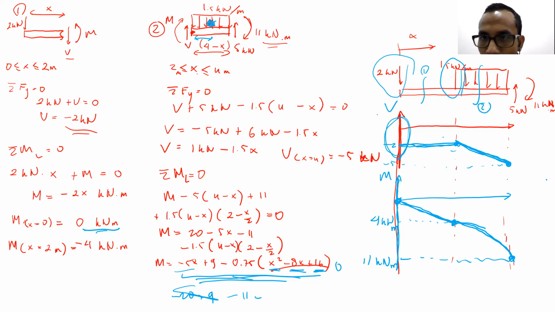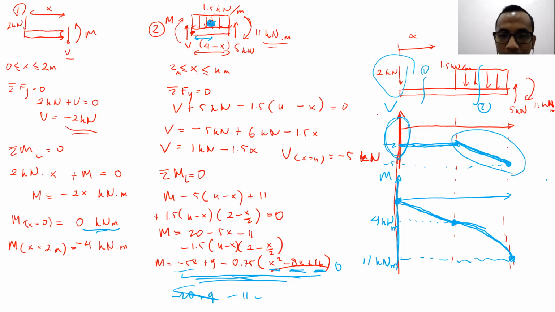As you can see, there is no jump there. It's still at -2 kilonewton, but the distributed load, being constant here, makes the shear force distribution linear there.